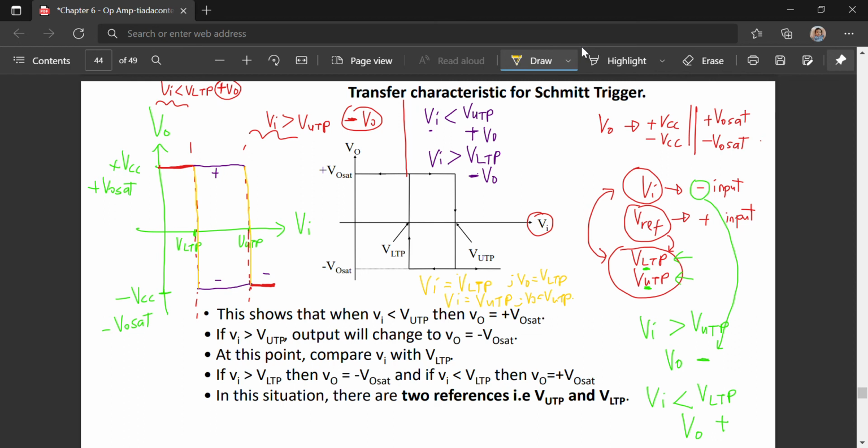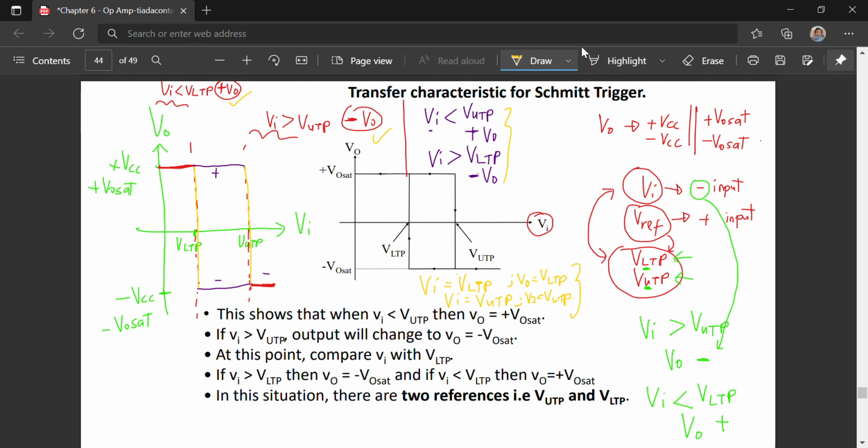Okay. So here the output signal looks like this, because you will have one condition, two conditions, three conditions, and also four conditions.